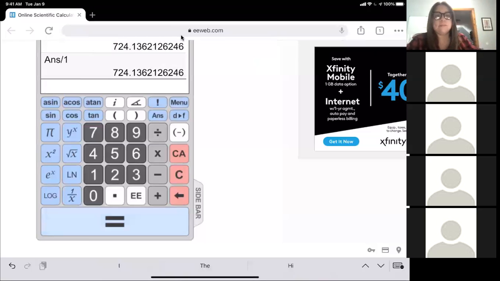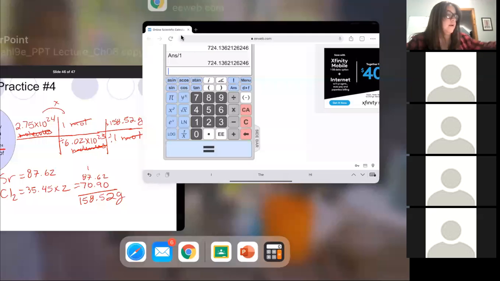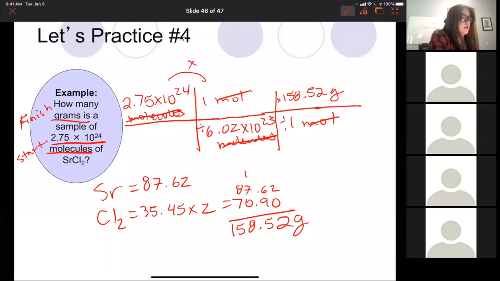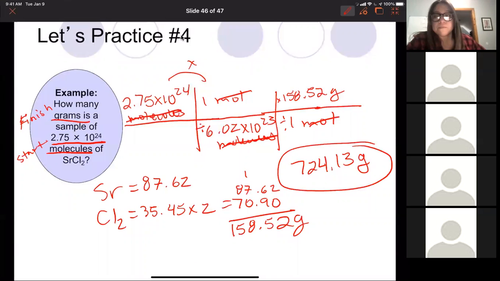So again, every time you just keep going, times whatever, divide by whatever, and so on and so forth until you get your answer, which is 724.13 grams, because we're going to round to 2 decimal places.